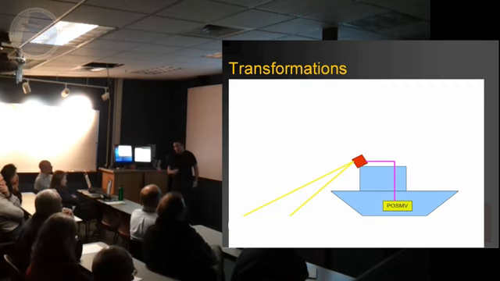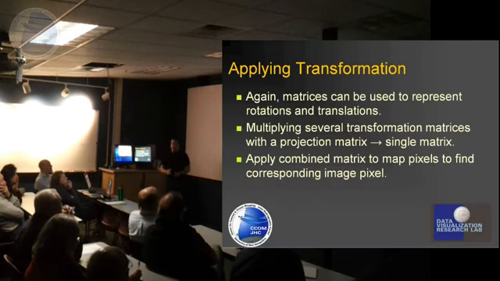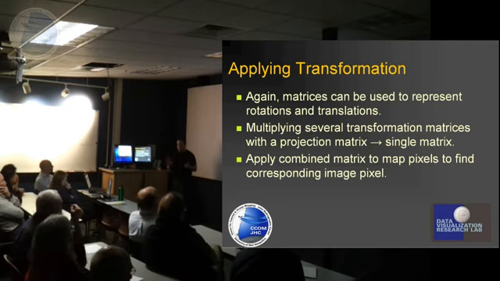And notice that there are many steps where there are calculations to be made, and those have to be done on every pixel of every image. So that's a lot of calculations. By representing all these calculations as matrices, there's a trick that we can do: multiply all these matrices together into one, and you do that once for the whole image, and then each pixel, the vector representing its position, gets multiplied by that one matrix.